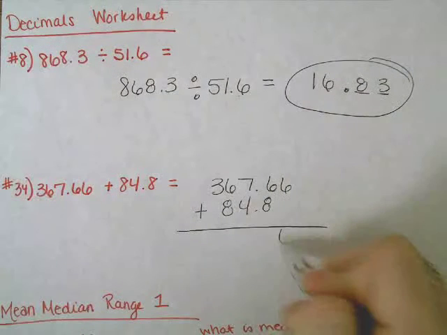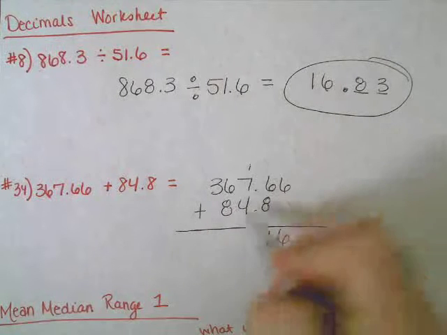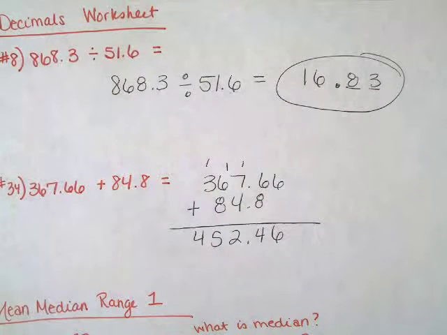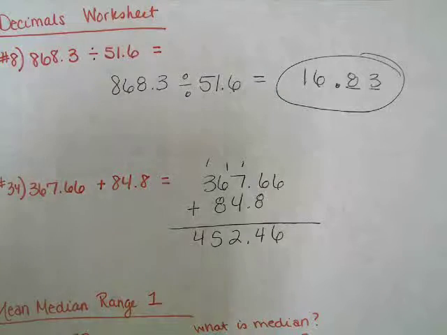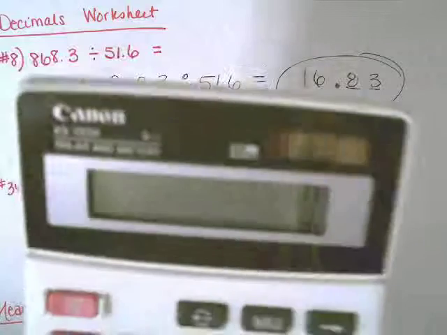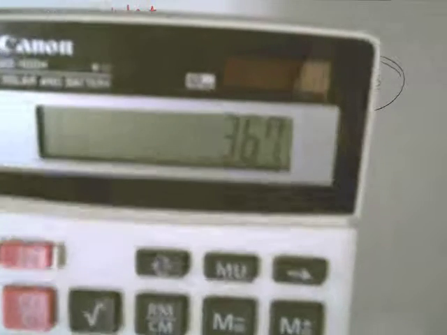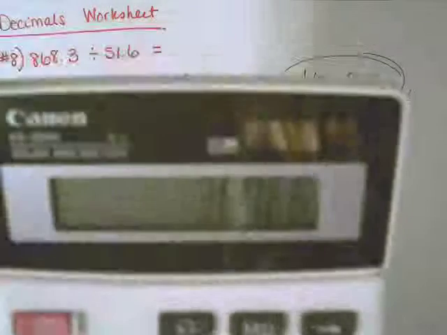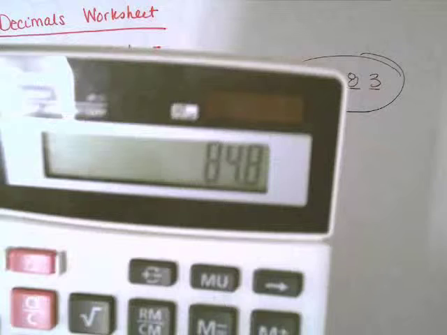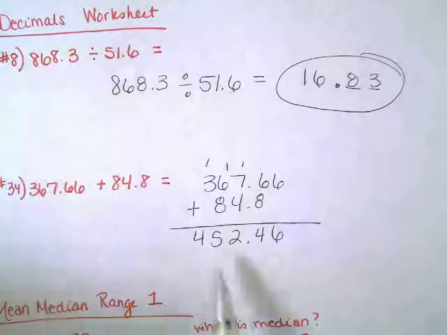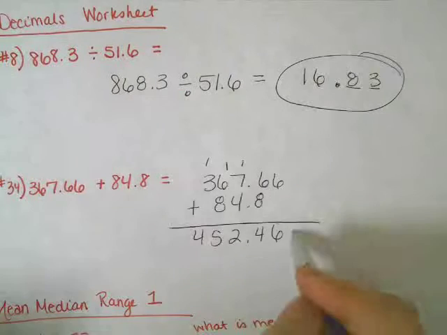If I just did the math, I would do adding, which is easier sometimes than doing the calculator, but maybe I want to check my answer, so then I use my calculator, and I have 367.66 plus 84.8 equals 452.46, and my answer is 452.46.